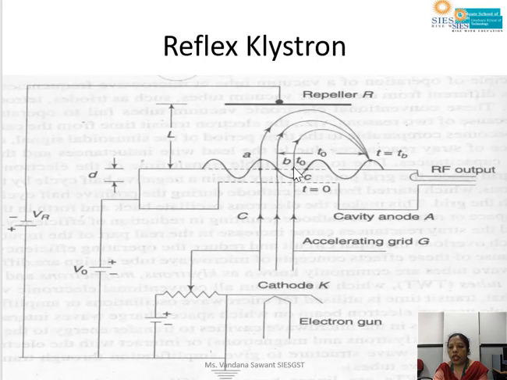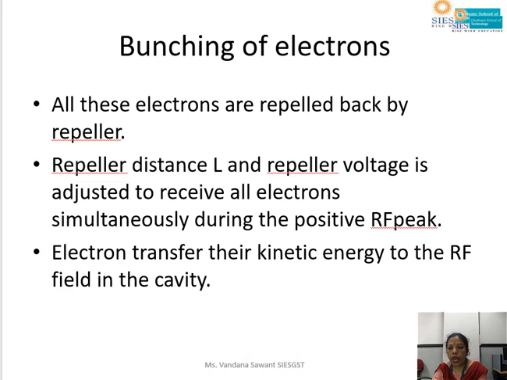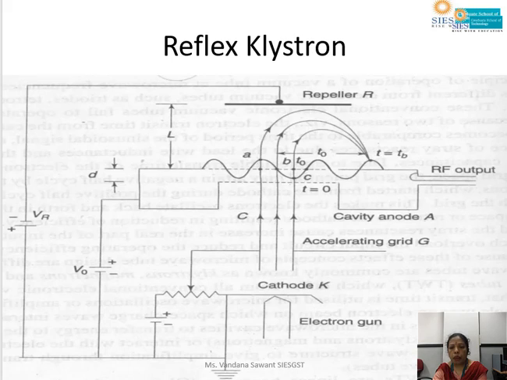So we have to adjust the repeller space and the voltage given to the repeller in such a way that the electrons coming back to the cavity arrive when there is a positive peak of the next cycle.